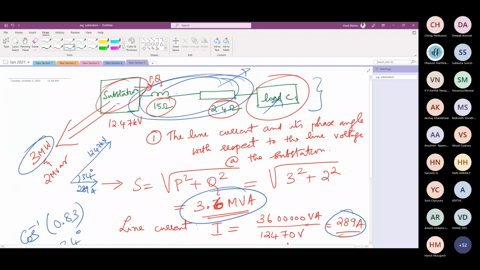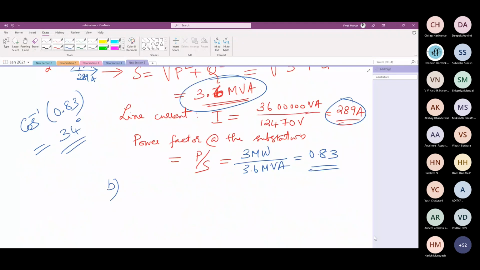Some reactive power is already consumed by this reactance, and the remaining only we will get. Now, what will be the voltage across the load terminal? To get that, we have to subtract the voltage drop across the line. So with this, I am going to find the active power dissipated in the line.